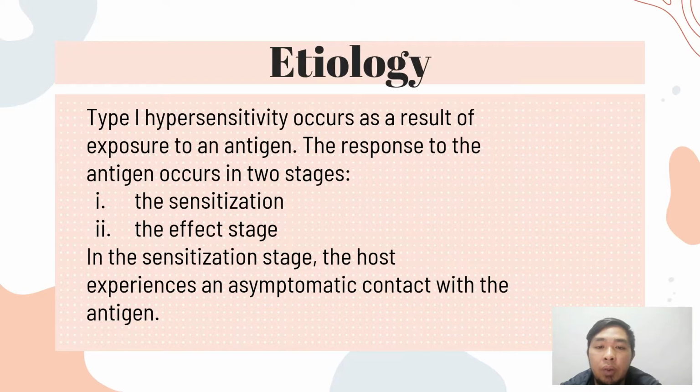Etiology: type 1 hypersensitivity occurs as a result of exposure to an antigen. The response to the antigen occurs in two stages. Stage 1, the sensitization. Stage 2, the effector stage. In the sensitization stage, the host experiences initial contact with the antigen.